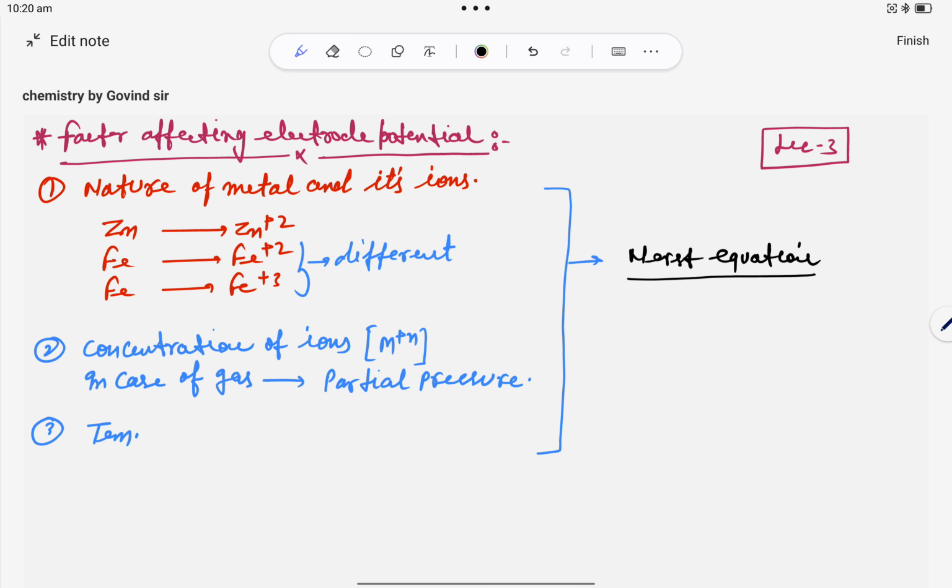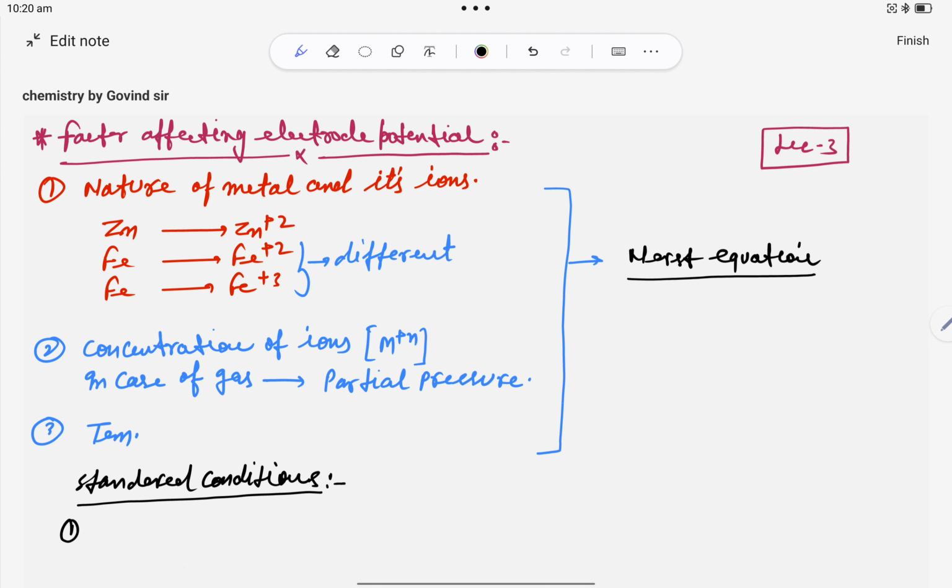So what will we discuss? Today we are going to discuss the standard condition. What are the standard conditions for electrode potential?